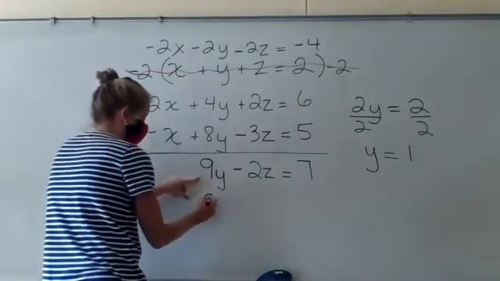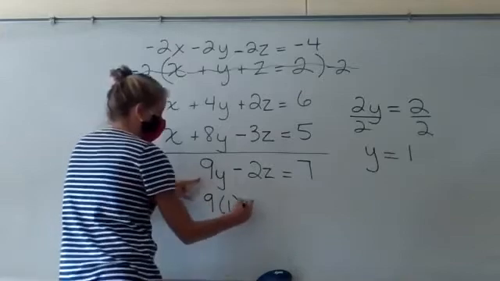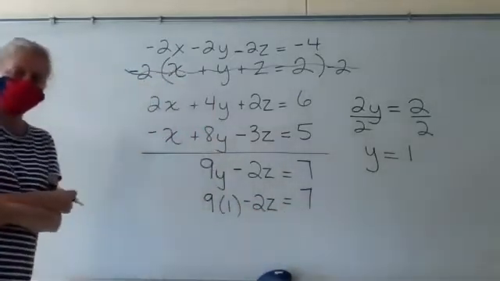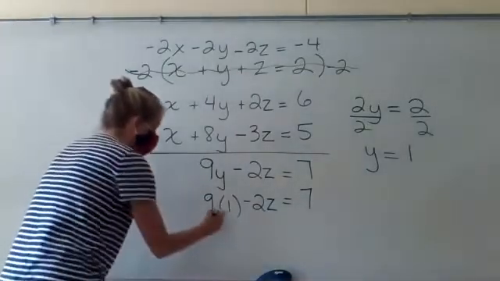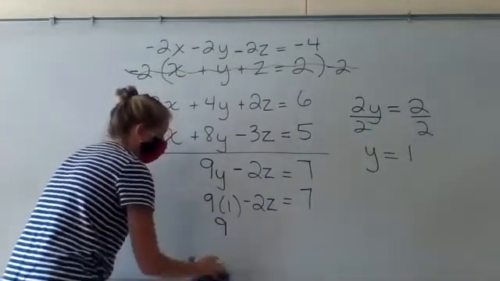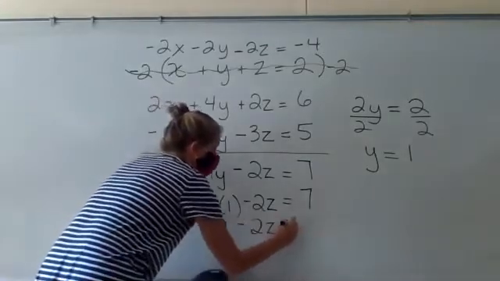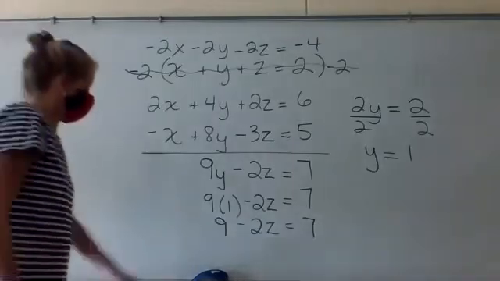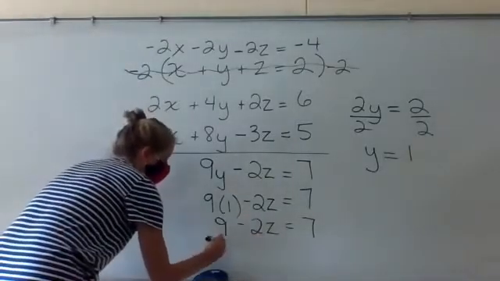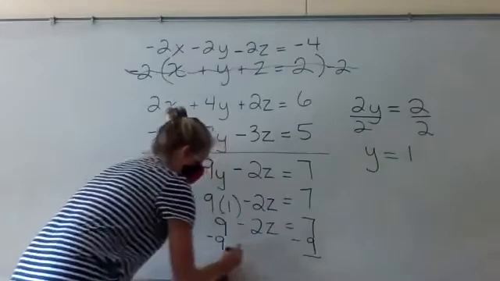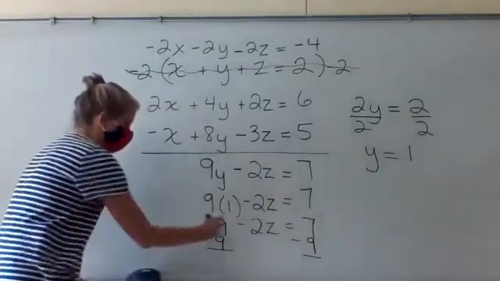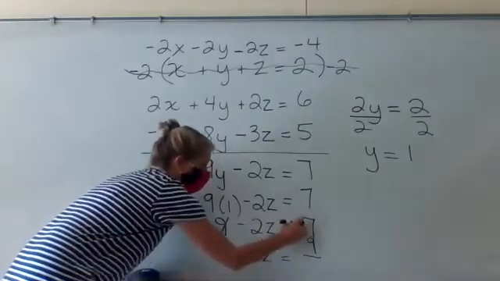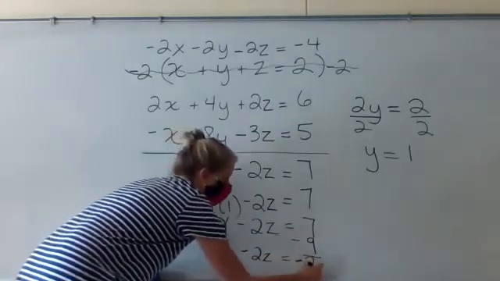So 9 times 1 minus 2z equals 7. 9 times 1 is 9. Minus 2z equals 7. Solving for z, so if I subtract the 9, get rid of that 9, now I have negative 2z equals 7 minus 9 is negative 2.